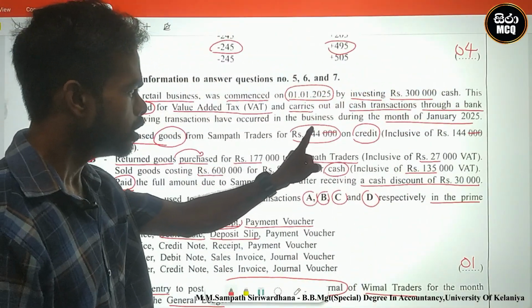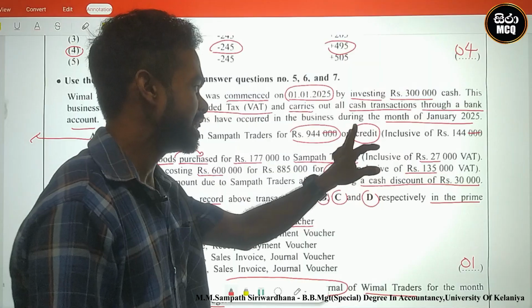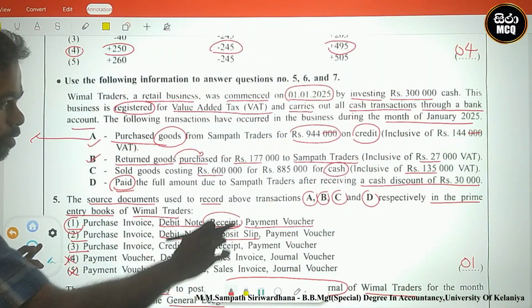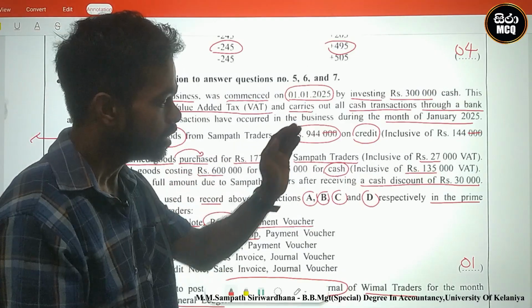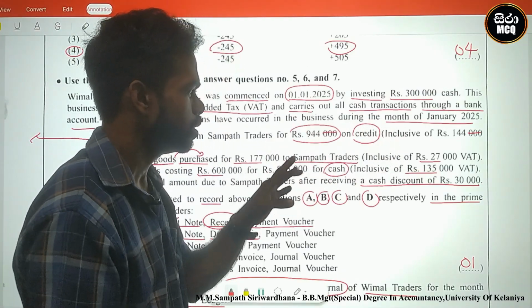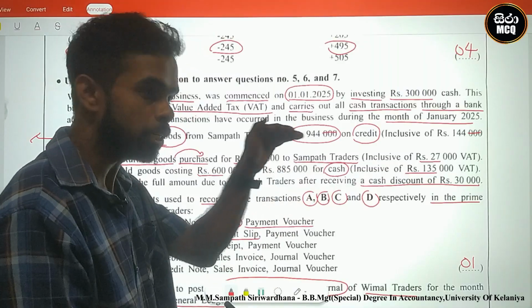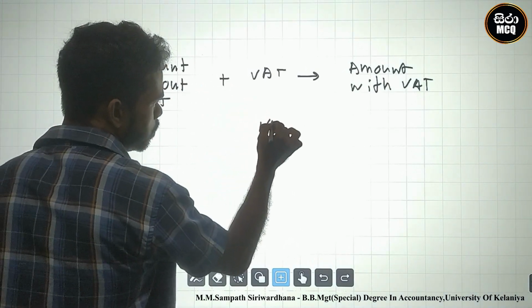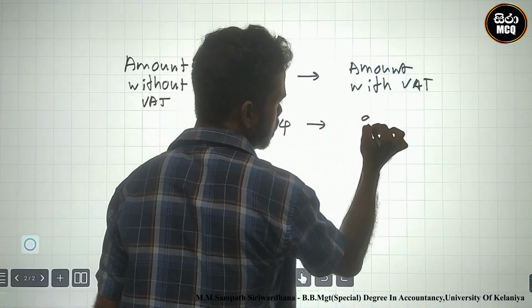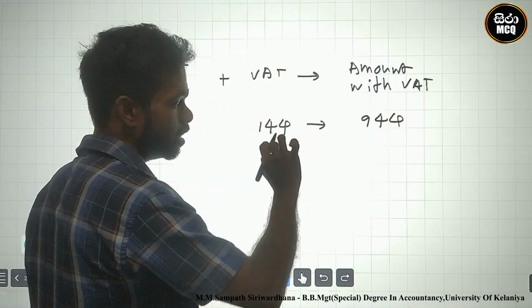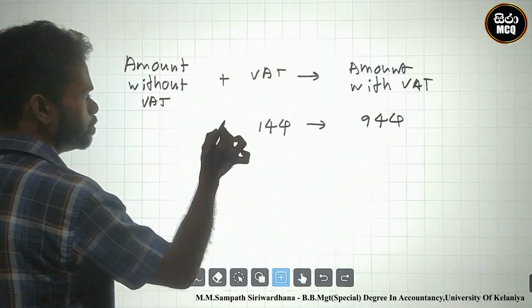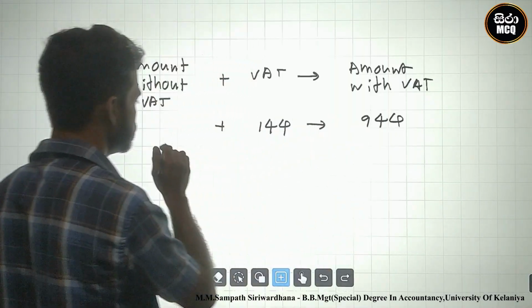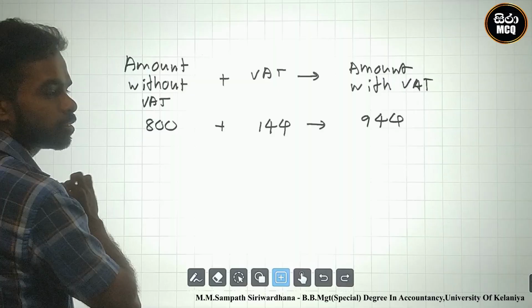There is a 944 credit purchasing inclusive of 144 VAT. Therefore, 944 is the total, and the VAT included is 144. This is the amount without VAT, 800.